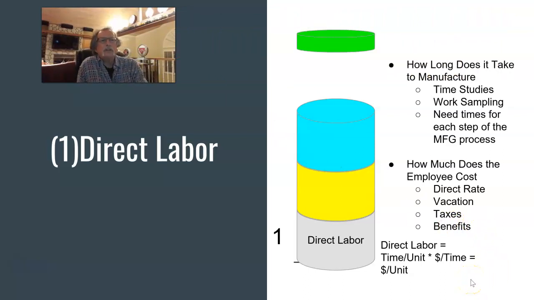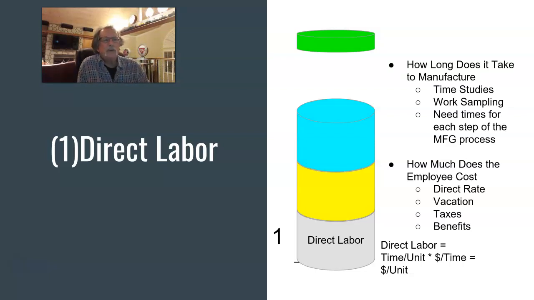So let's look at direct labor. How do we determine direct labor? Well, we do it from time studies, work sampling, and understanding every step of the manufacturing process. And we get this from other classes in IME. I believe it's 223 is the first introduction to it.